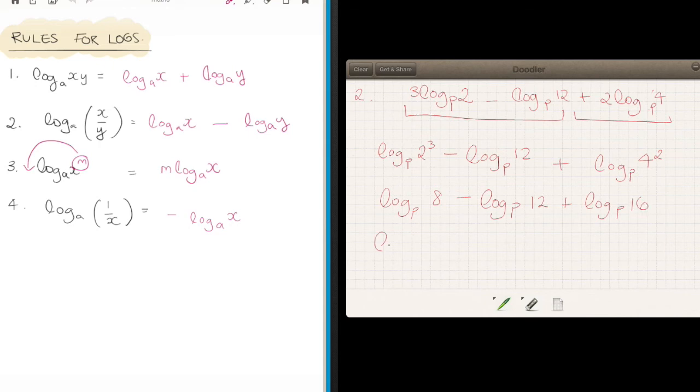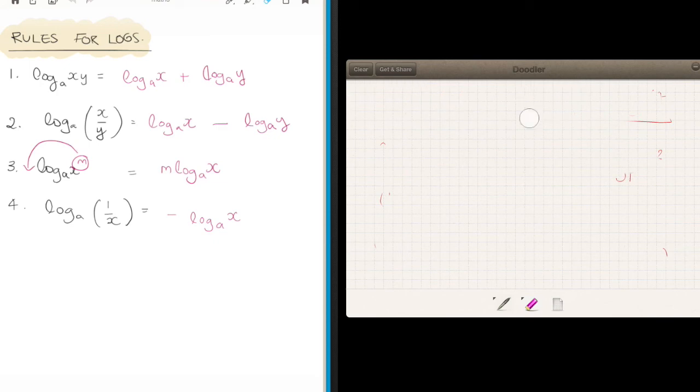What you can write this as is log base p of 8 times 16, in a big bracket like this, divided by 12, and this will just give you log base p of 32 by 3. Alright, so you can see how the rules apply to that problem as well.